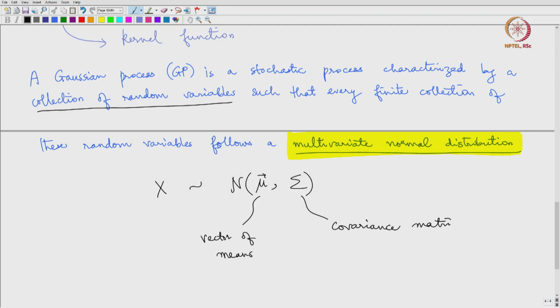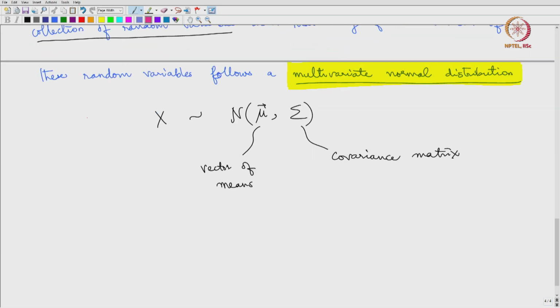So you see why the covariance matrix is required in Gaussian process regression, because we are working with a multivariate normal distribution. This collection of random variables will follow the joint probability density function based on the features x1, x2 up to xp.